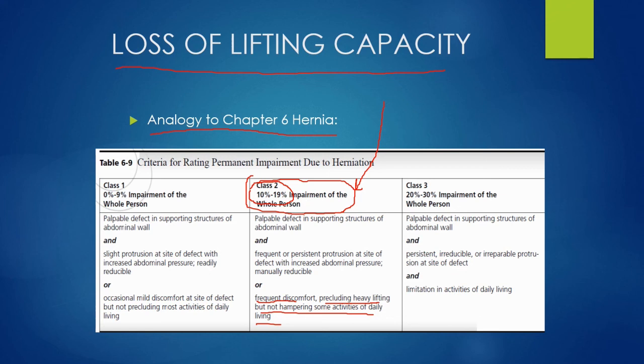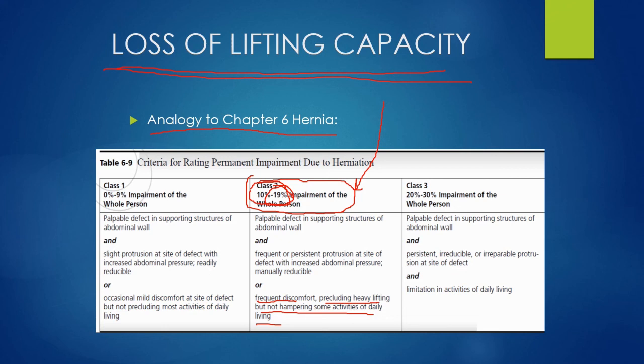So that might be the type of case that qualifies for the higher permanent impairment rating within the range. And in this way, the loss of lifting capacity is the more accurate description of the permanent impairment than can ever be provided for by, for example, loss of range of motion. In fact, this particular examinee at Walmart had normal range of motion of the elbow. He did not have loss of flexion.